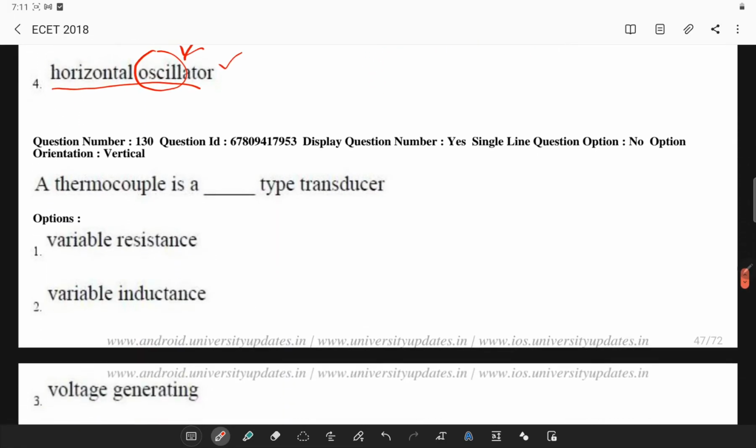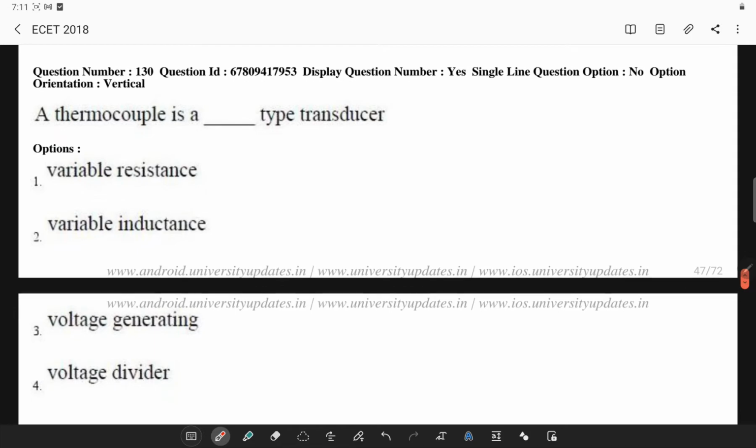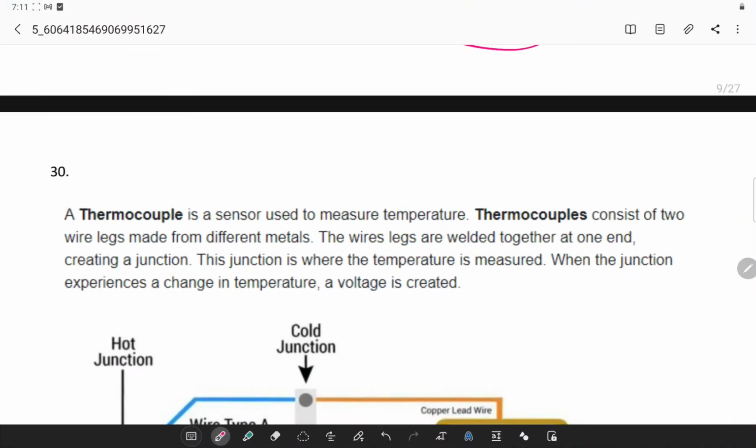Next, what type of transducer is a thermocouple transducer? This is basically a voltage generating transducer. Here we get the concept of electromotive force, which is basically a voltage generating concept.